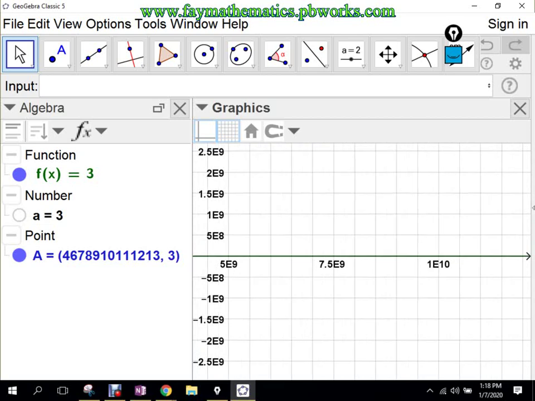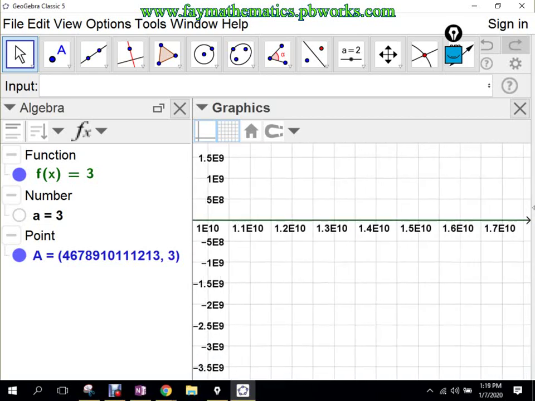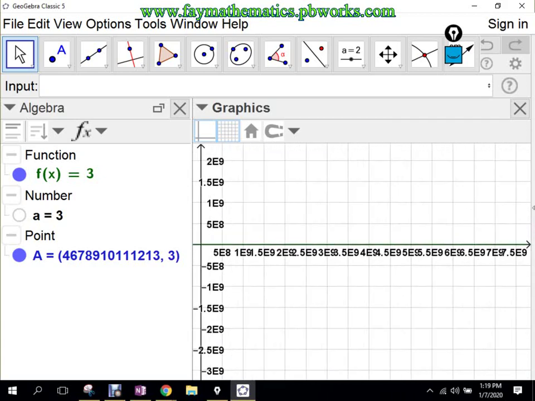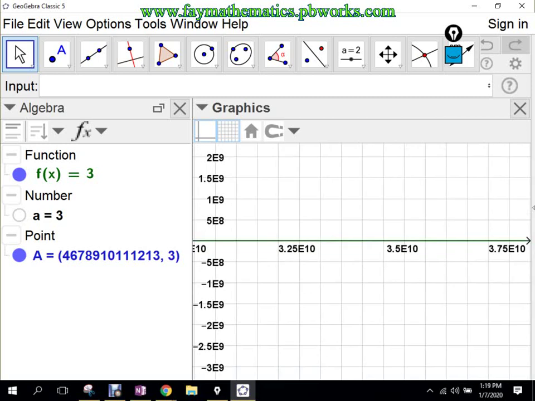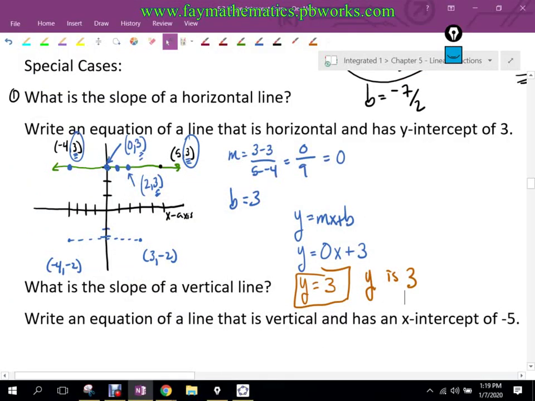Come on. Wow, I just ran out of the capability. It keeps going back. I think I ran out of the capabilities of GeoGebra. But if we were able to go out to that number on the x-axis, on that green line, there's going to be a point on that green line at 3. Does that make sense? At a y value of 3. Okay. So it doesn't matter what your x value is. Your y is always 3.